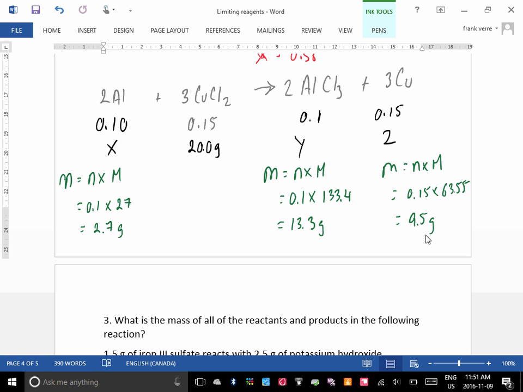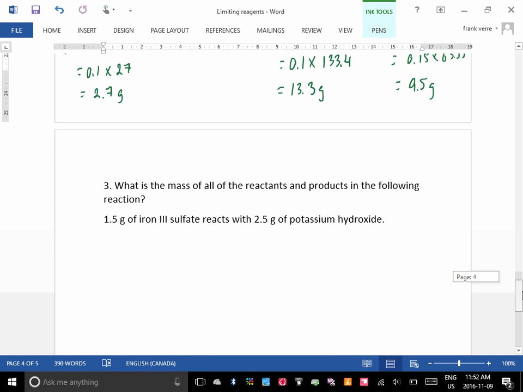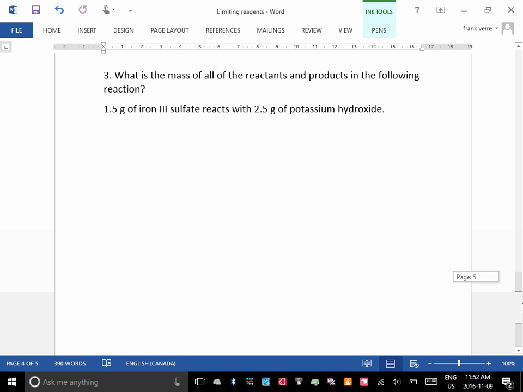We'll do one last question, then we're done. The last question I will look at is all the same concepts. Oh, look, I hate hydroxide now. Here's another hydroxide question. Give me the mass of the reactants and products in the following reaction: iron III sulfate and potassium hydroxide. Again, first you write out the balanced equation.